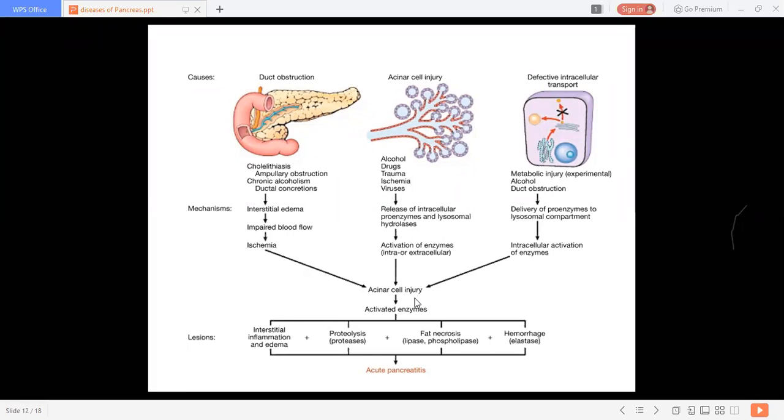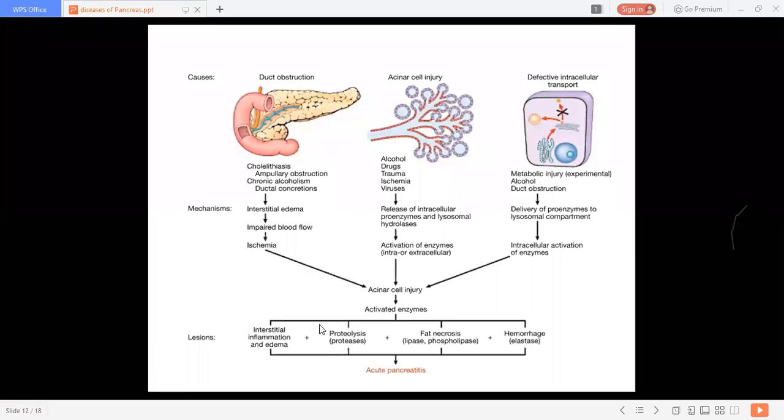Okay. Now this acinar cell injury leads to activated enzymes. What are the lesions that get formed? The first is interstitial inflammation with edema, then proteolysis, fat necrosis, and hemorrhage.